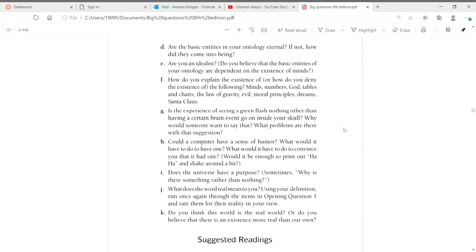Is there an eternal world somewhere in which this world is just like a shadow? Is there a world of forms, like Plato thought, that might be more real than this one? Are numbers or mathematics representative of a more real world? Or is this really the only world or the most real world?